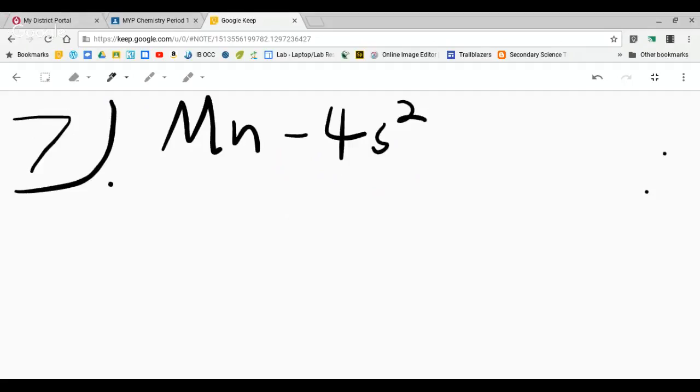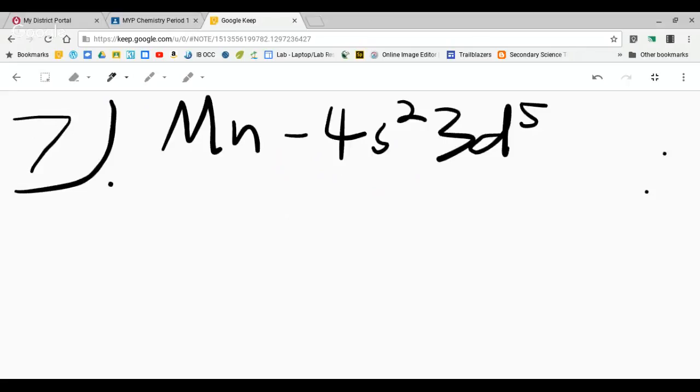You can see me writing this out. Just give me yes, or we can see it, because I'm not 100% sure if you guys can see it just yet. Again, if you can, just write yes. We can see it. Just someone write that on there. All right, 4s2 3d5. So how do you get that?